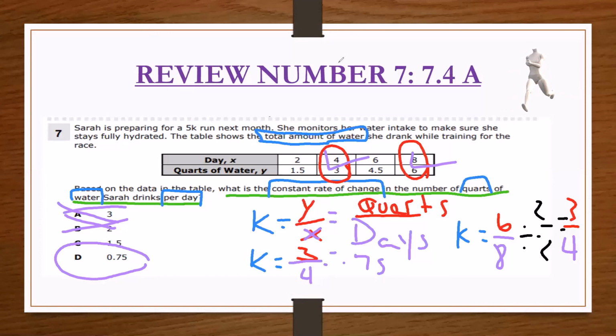So you could have very easily chosen 1.5 if you did not write it into the formula correctly, okay? So I want to let you see how they try to fool you. 1.5 was the misconception of this problem.